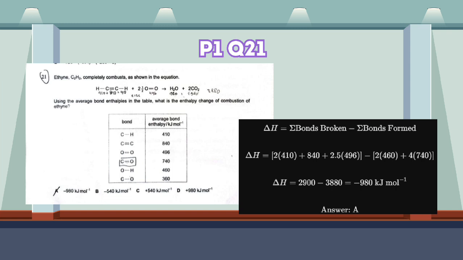For the bonds broken, we calculate 2 times 410 plus 840 plus 2.5 times 496, minus 2 times 460 plus 4 times 740, and delta H equals 2900 minus 3880 equals minus 980 kilojoule per mole, and the answer is A.